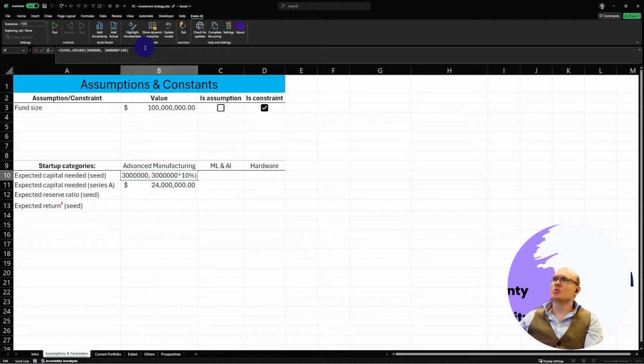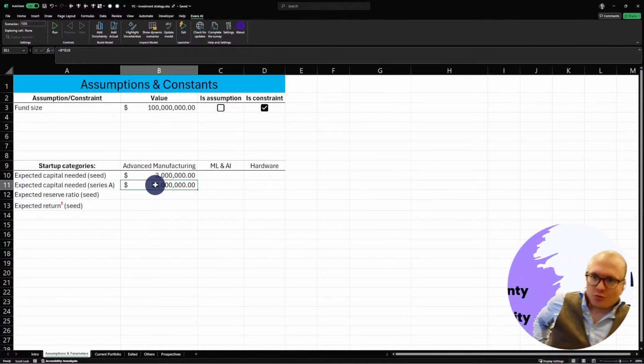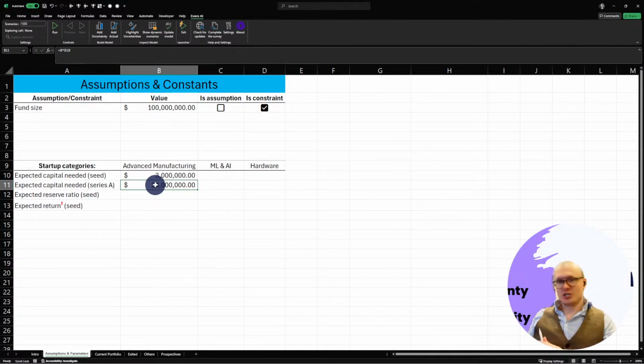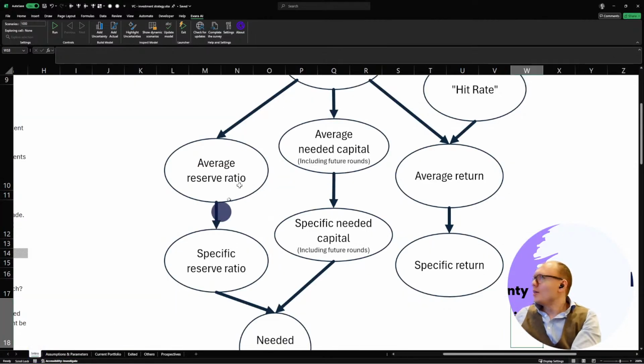This is one of the macros that ships with Evara, so it behaves in a special way. It's a special macro that will do some magic later on to help us make a decision on how to invest in the future. But this allows us to reference this number elsewhere. And in particular, you can see we've now addressed this first point right here.